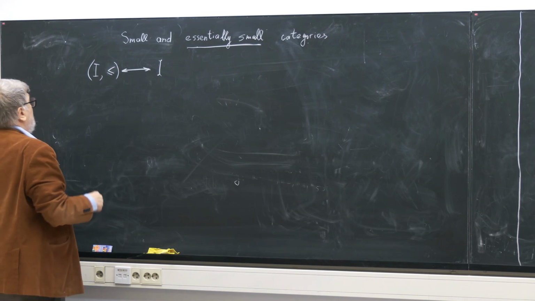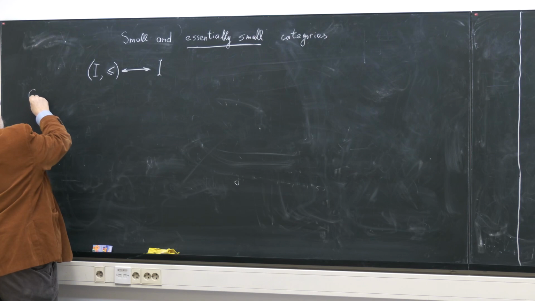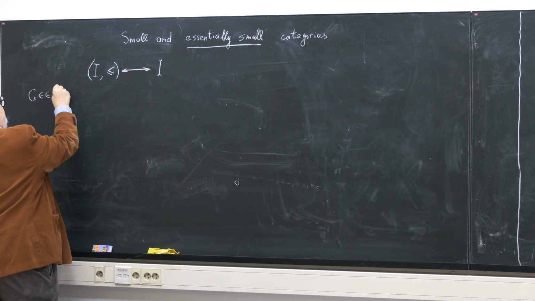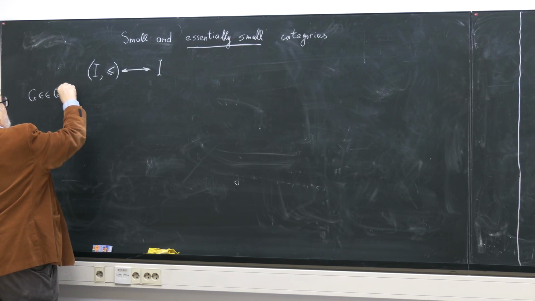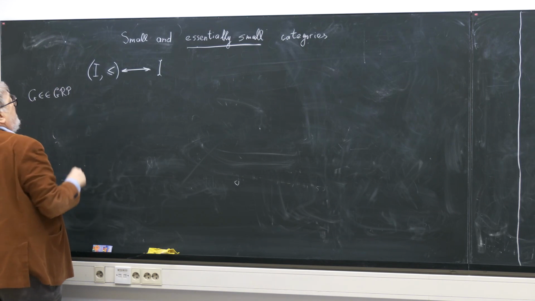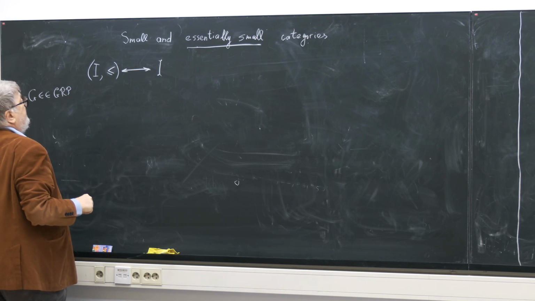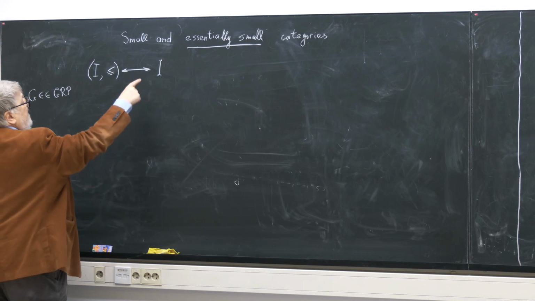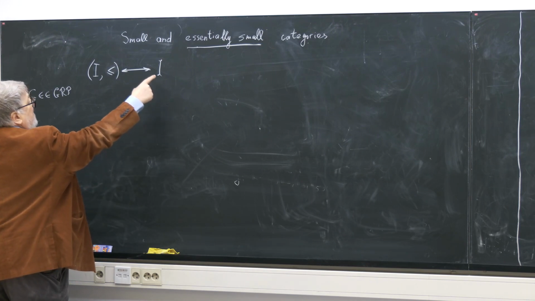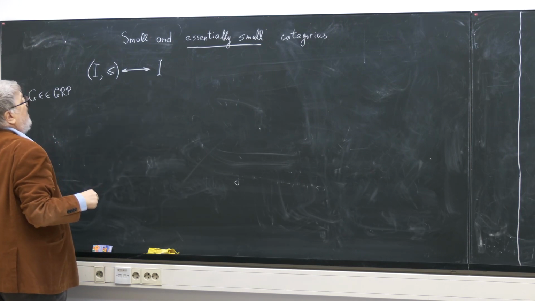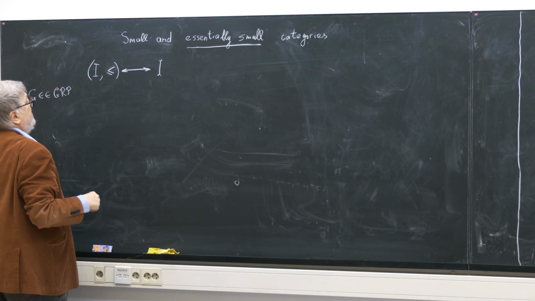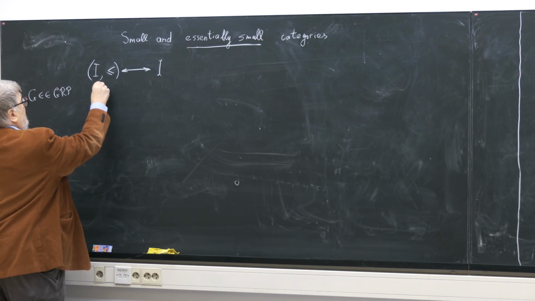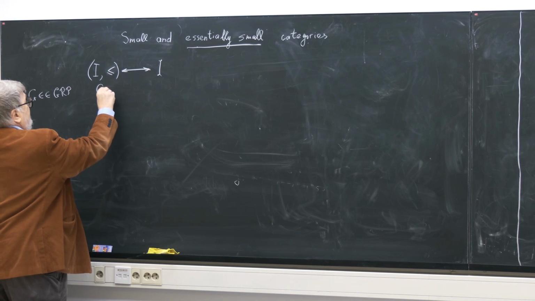And another one is that for J a group, it is a bit better because I'm unable to write down the calligraphic J. But let's write something.